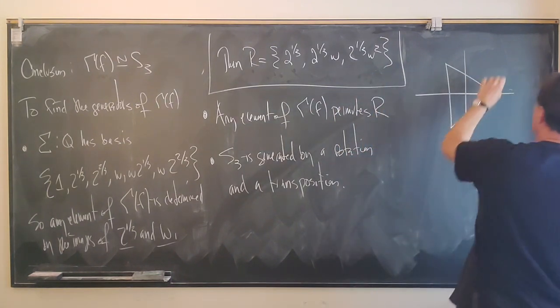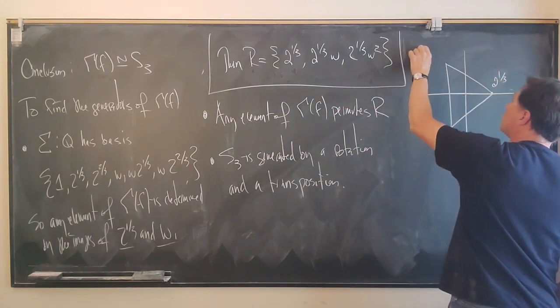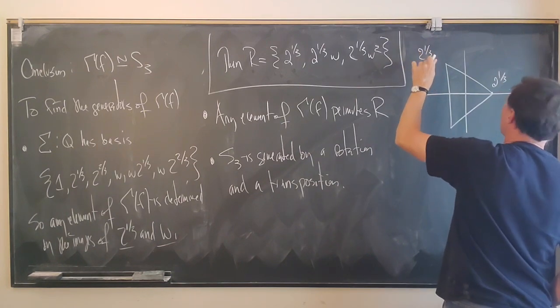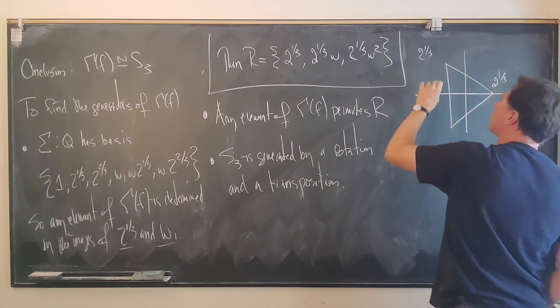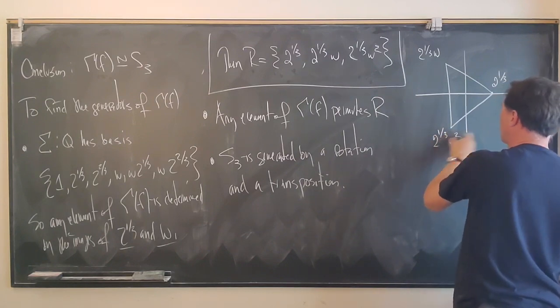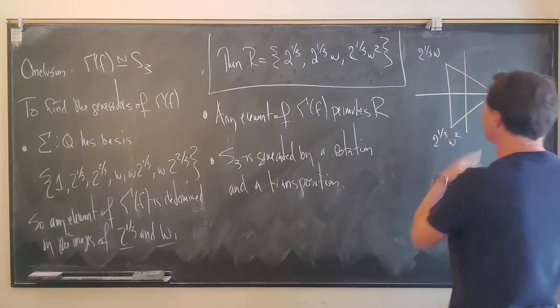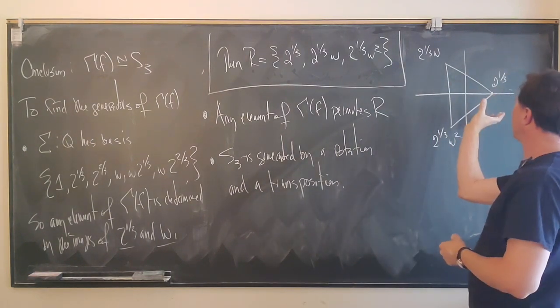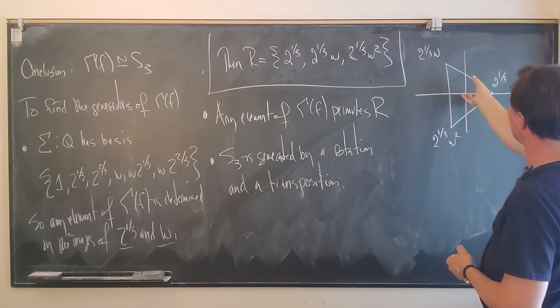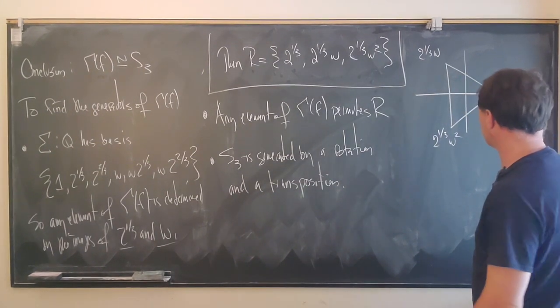Here's 2 to the 1/3, here's 2 to the 1/3 omega, and here's 2 to the 1/3 omega squared. This picture helps us. You can imagine one of the elements, the rotation, is going to be a counterclockwise rotation.